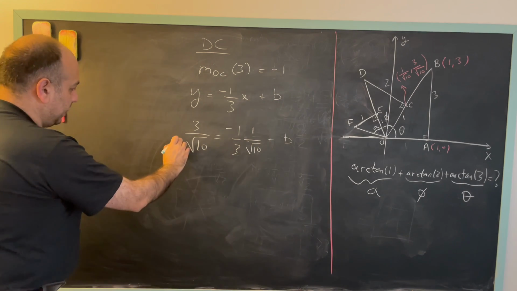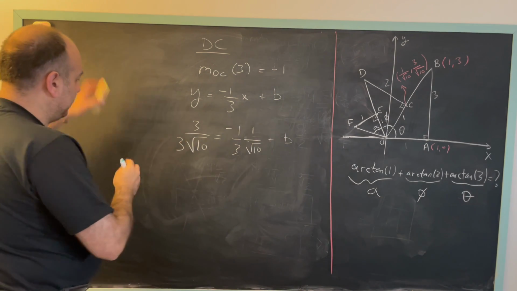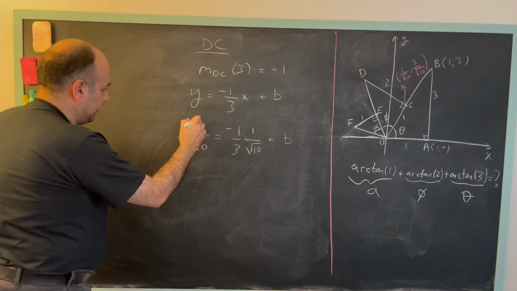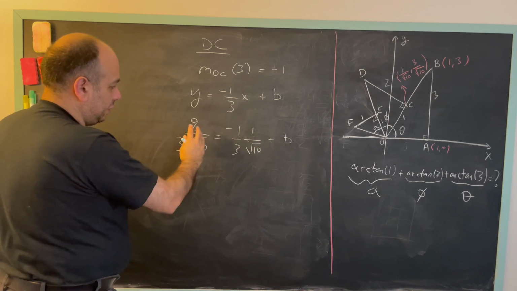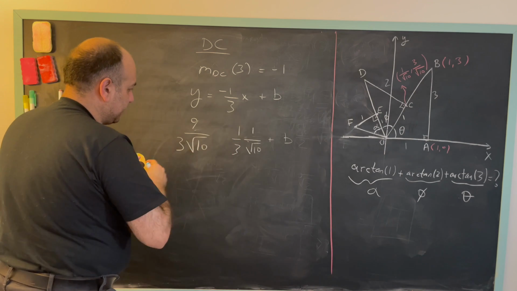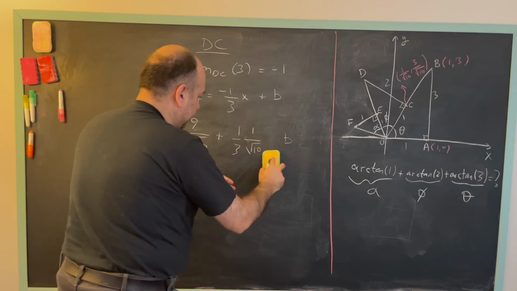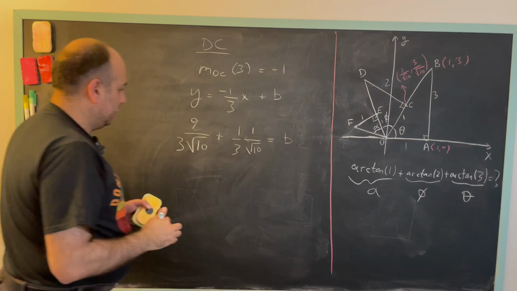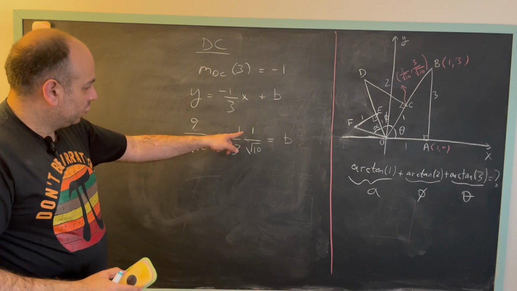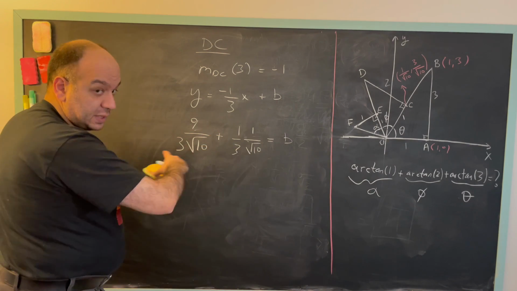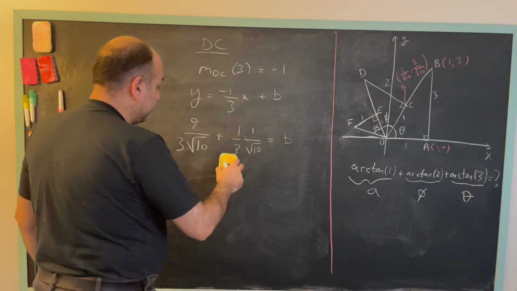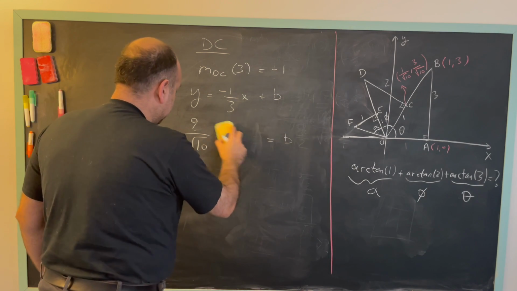Okay, so if I multiply this with 3, this becomes 9, right? If I put this one on this side, this becomes plus, right? So 9 plus 1, they have the same denominator, right? So this just becomes 10.